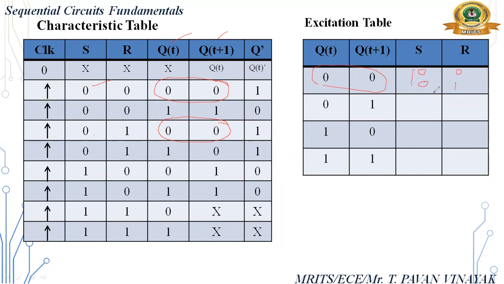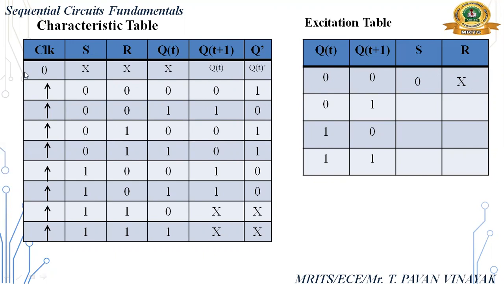We have two conditions here. So S is always 0, but R is either 0 or 1. So you can write S as 0, R as don't care.